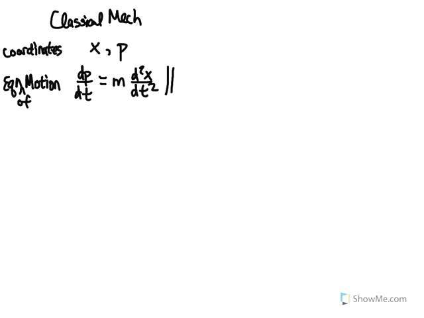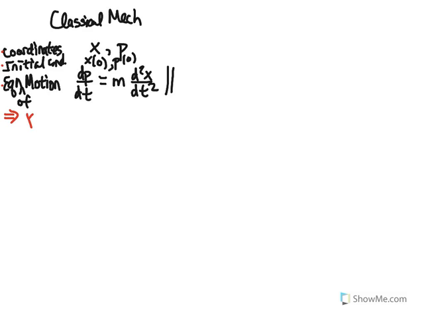I should also say that you also have some initial conditions. So this is the value of your position at t equals 0 and the value of your momentum at t equals 0. It doesn't have to be t equals 0, but it's just some time. And if you combine these three things together, we have our coordinates, initial conditions, and equations of motion.